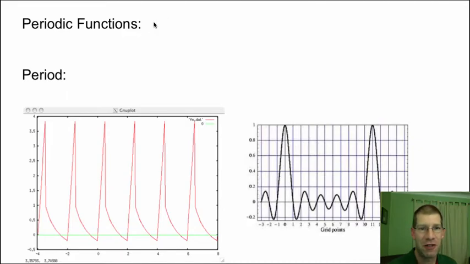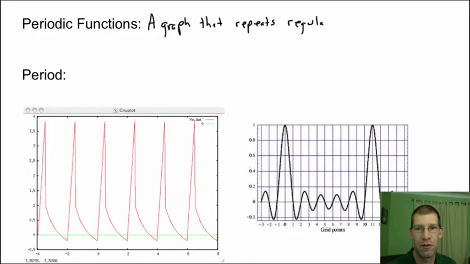So a periodic function is going to be kind of my version of a definition, a graph, maybe I should say a function, that repeats regularly. And the period of that graph, or the period of the function, is going to be, I want to say the time, but really it's whatever's on your x-axis.